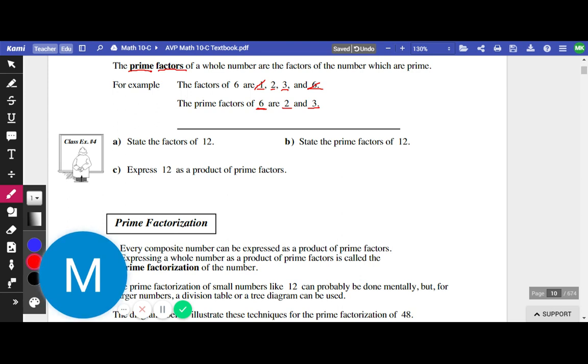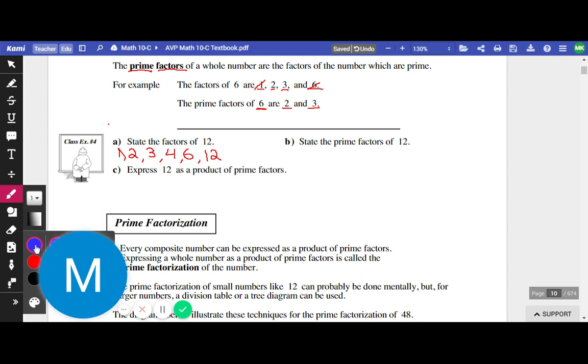Let's try it with 12. So state the factors of 12. The factors of 12 would be 1, 2, 3, 4, 6, and 12. Those are all the factors of 12. What are the prime factors of 12?